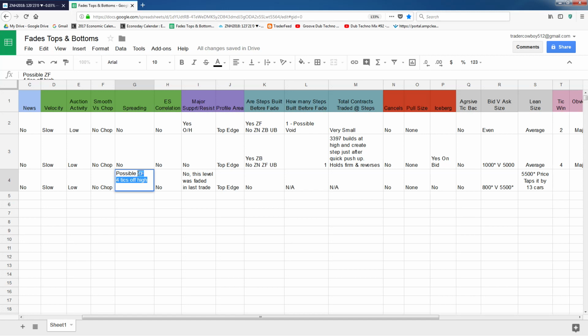So I'm going to reword this. ZF, 4T off high. So 4 ticks off high. ZB, 1T off high.